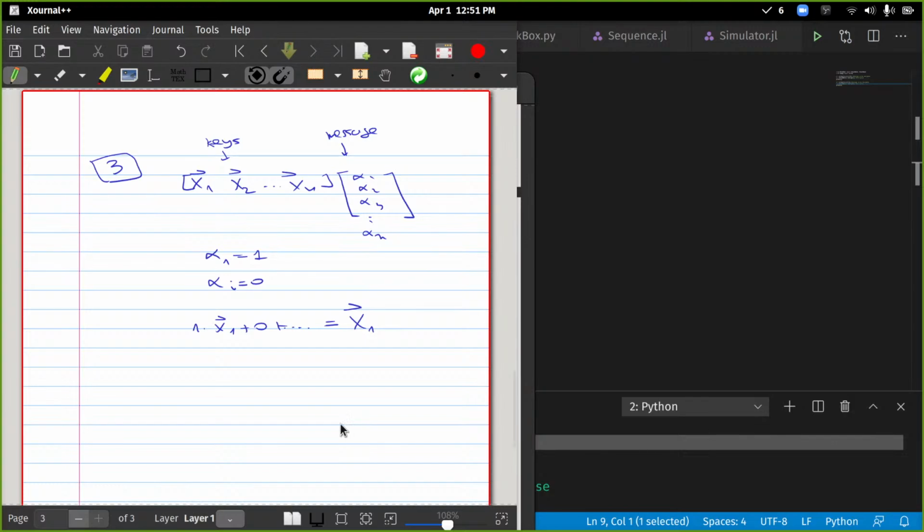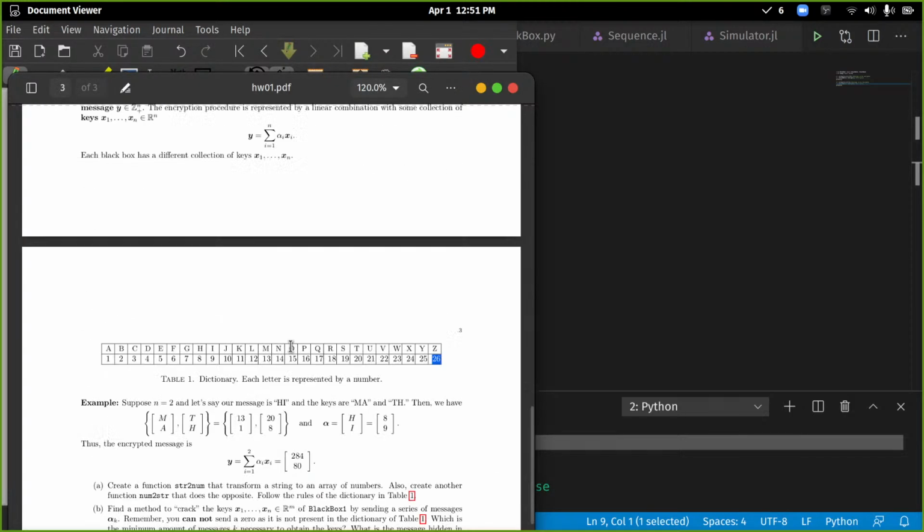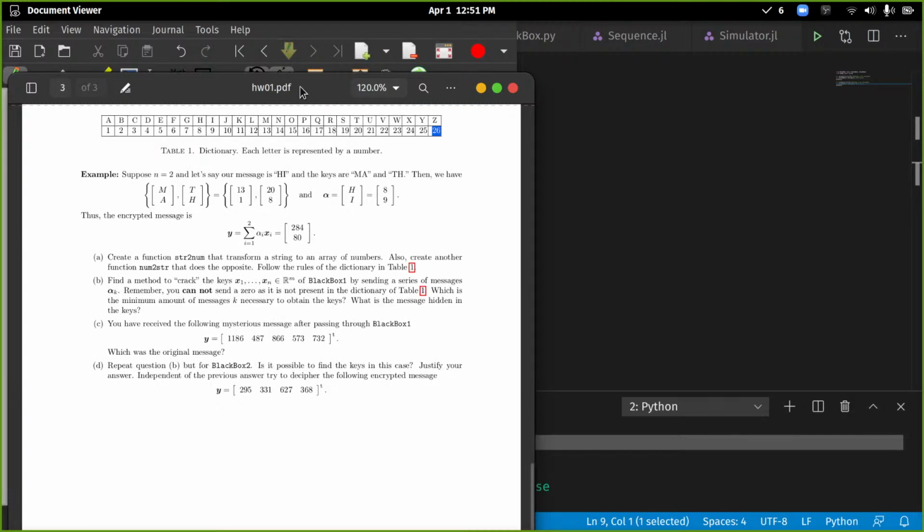Basically, you need to think of a method, by sending messages, to find the keys. But this message vector cannot have zeros. That implies that this is basically a linear algebra problem. And after you manage to find the keys, you can then solve the messages. Because when you have the keys, you basically have a matrix. You can apply the inverse of the matrix and find the message.